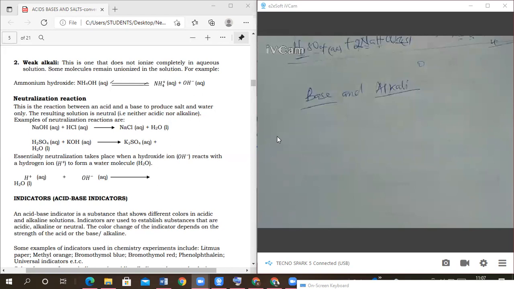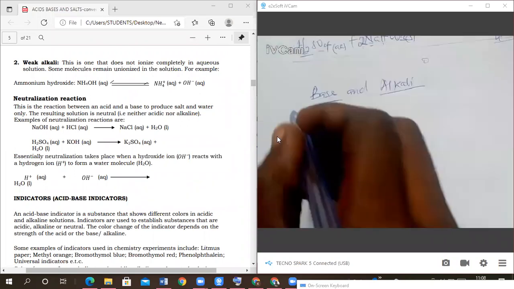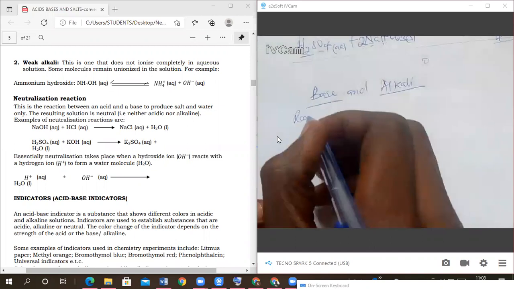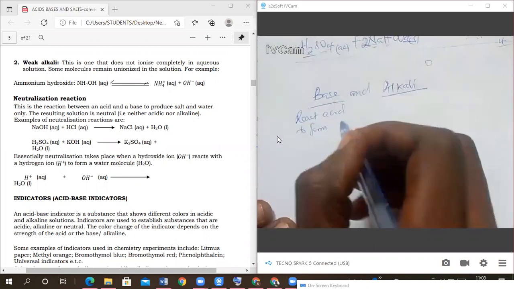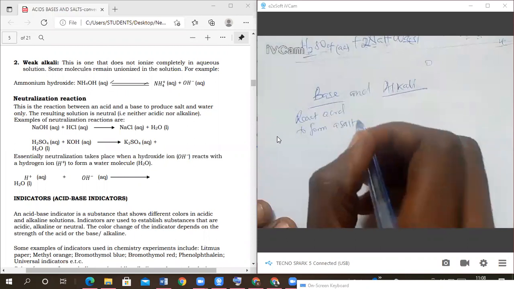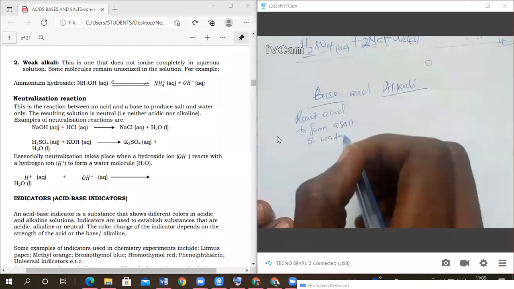A base is a substance which reacts with an acid to form salt and water only. Reacts with the acid to form the salt and the water only. That's okay. Then the alkali?